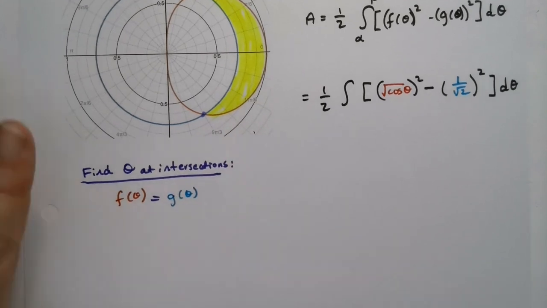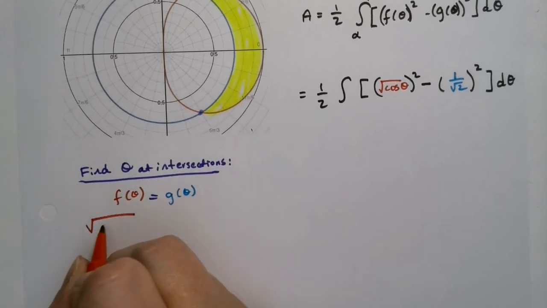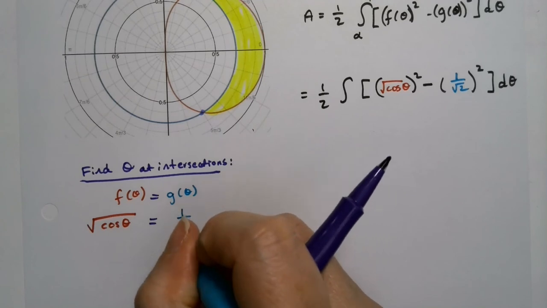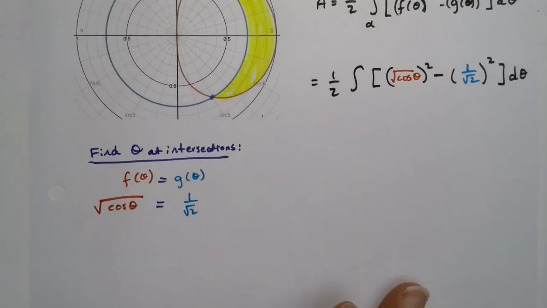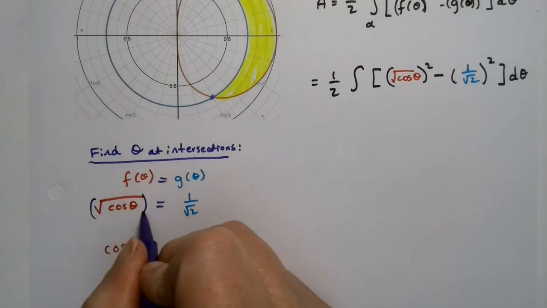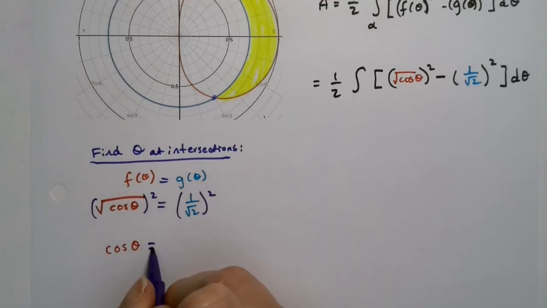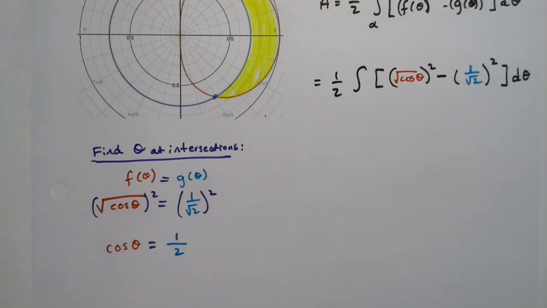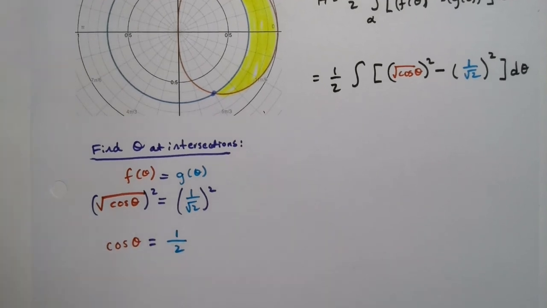Well, that means that the square root of cosine of theta will be equal to 1 over the square root of 2. Obviously, I'm going to square both sides. I mean, who wants to deal with the square root? So that would mean that the cosine of theta, squaring it, is equal to a half. Okay, well, I know my unit circle. Cosine of theta is equal to a half.